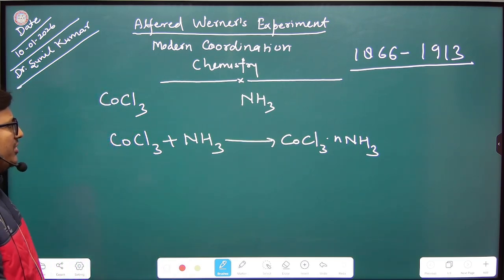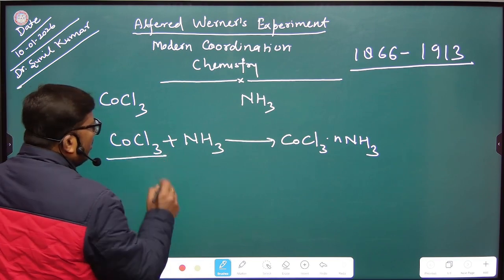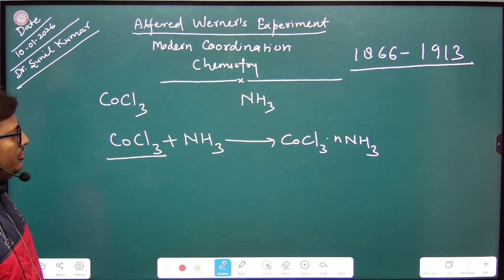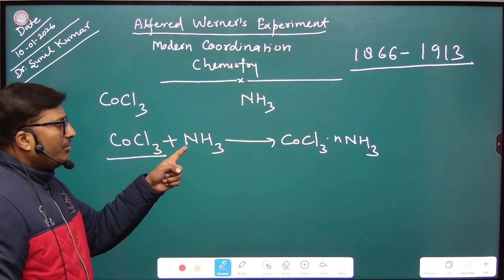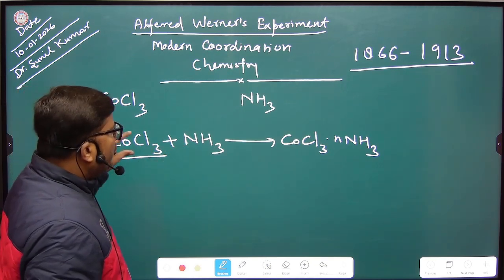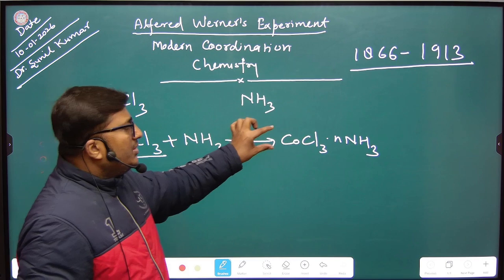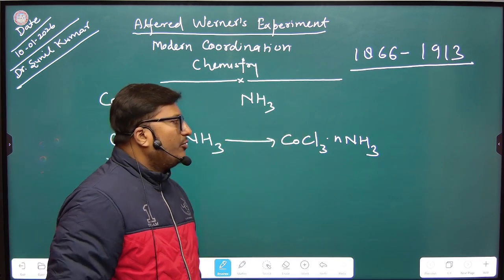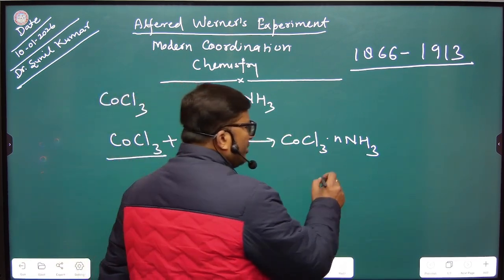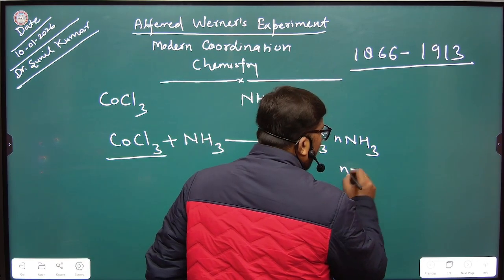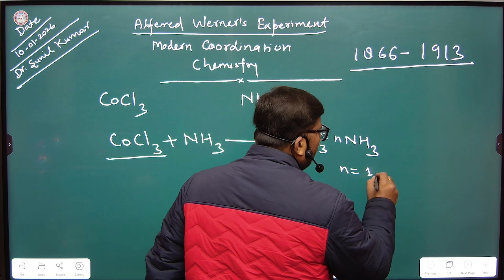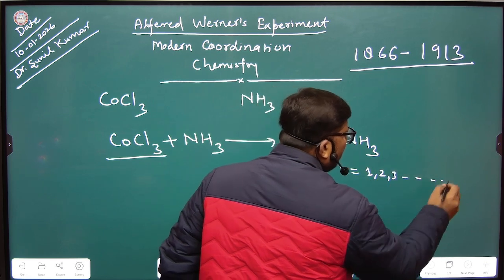So this is a normal salt, you can say, and this is ammonia. Once these two reagents react with each other to form this type of chemical adduct, n is the variable number, which may be 1, 2, 3, like that.